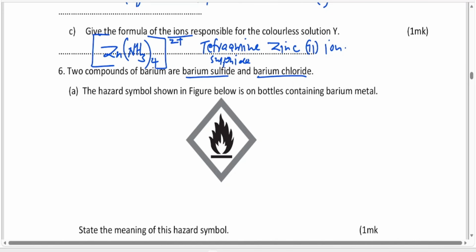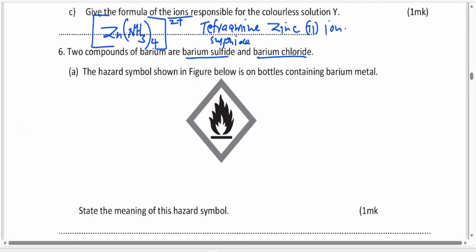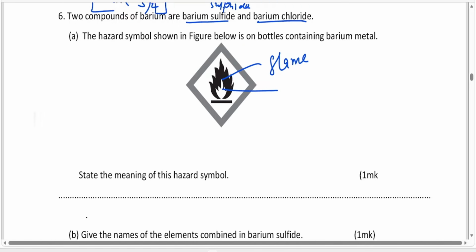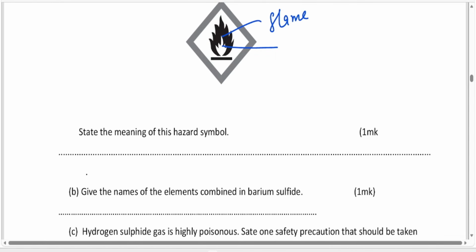Part A of this question, the hazard symbol shown in the figure below is on bottles containing barium metal. State the meaning of this hazard symbol. When you see this kind of symbol with a flame and another smaller flame within it, then this means flammable materials or flammable substances.